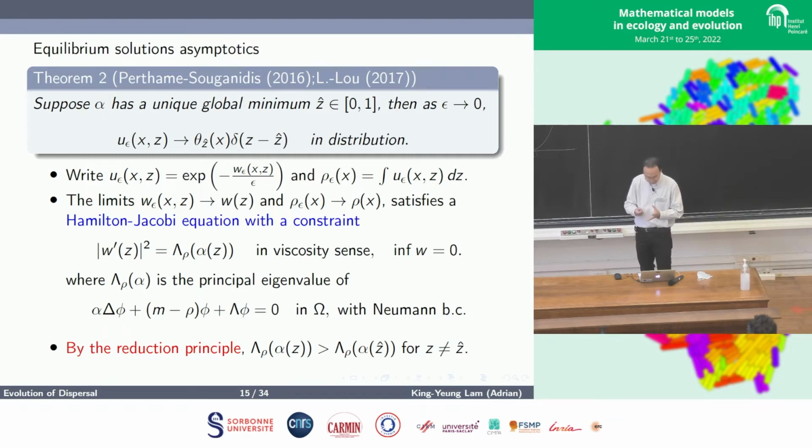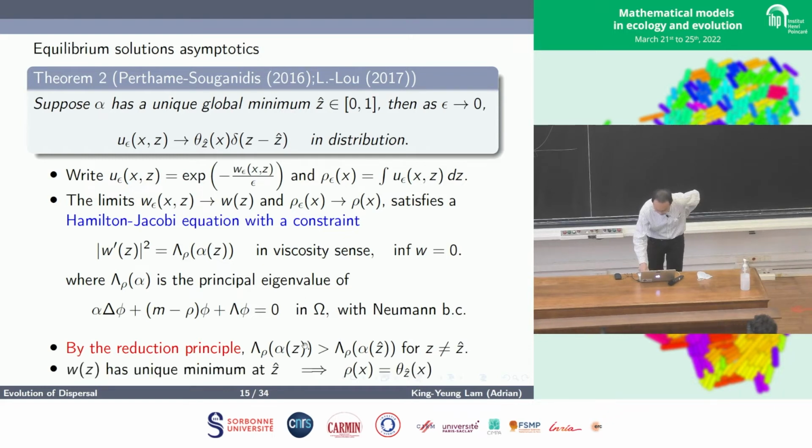This actually determines everything. We know the right-hand side only has a unique minimum at z hat, wherever the slowest phenotype is. You can go back to the Hamilton-Jacobi equation and show that W has a unique minimum. If W has a unique minimum, then by the interpretation of the rate function, u goes to 0 except at z hat. So one can go ahead and determine everything from this observation.